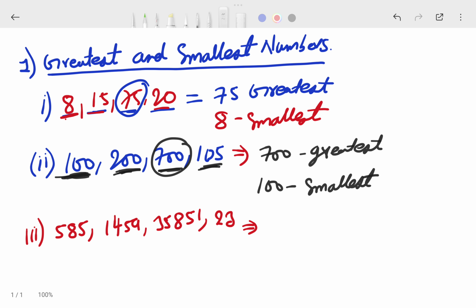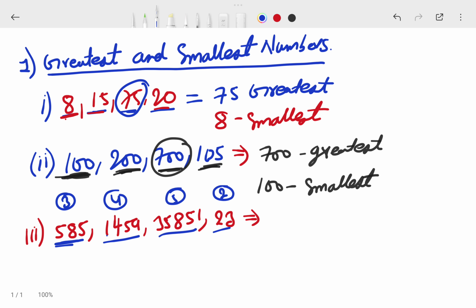Now I am asking you which is greater in this one. What you will say, just count the digits. This has 3 digits. How many digits here? 1 2 3 4, 4 digits are there. Here how many digits? 5 digits are there. Here only 2 digits. Now just see which number has more digits.